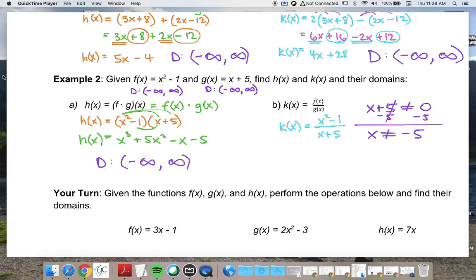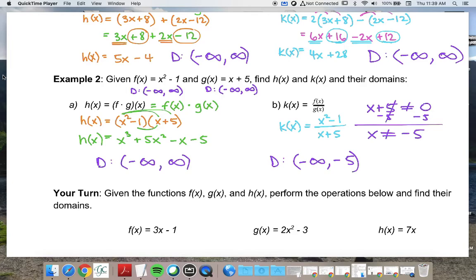So we're going to have to break up this domain of negative infinity to infinity, and we're going to have to stop it at negative 5, and then we can let it continue on the other side of negative 5. So the way we're going to write this, we're still going to start at negative infinity, but we've got to stop at negative 5. Since our domain cannot equal negative 5, we're going to put a parenthesis around that negative 5 to indicate that it cannot be equal to negative 5.